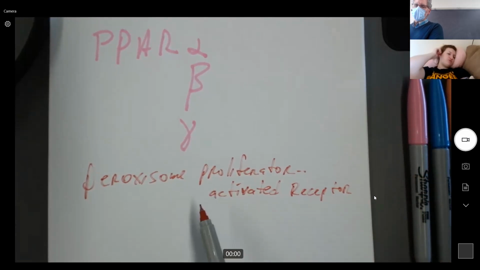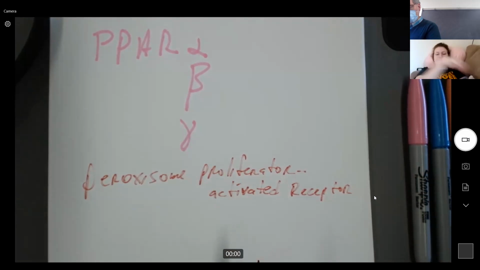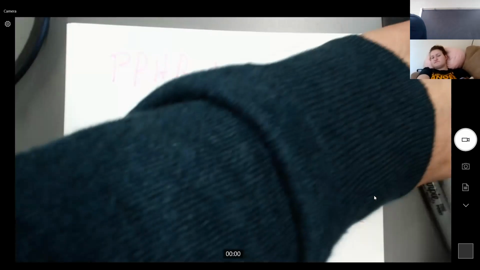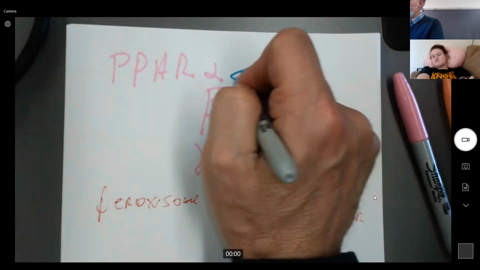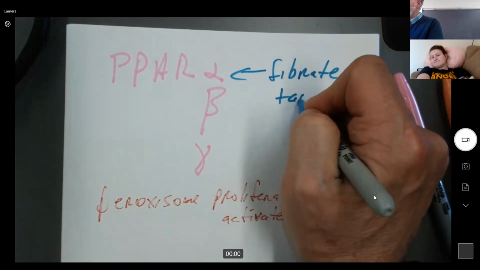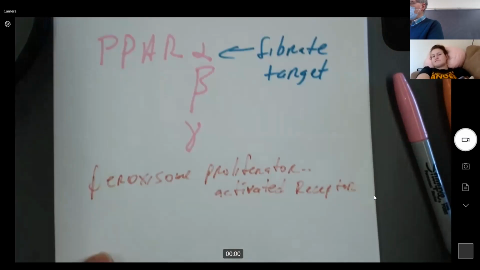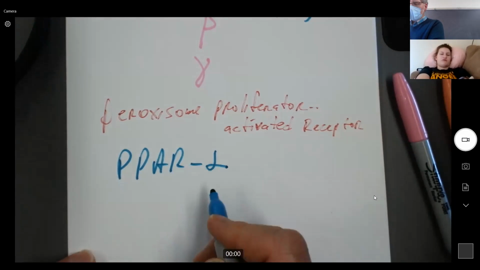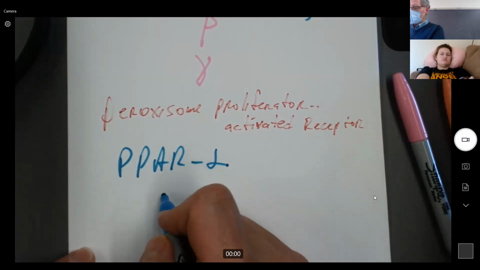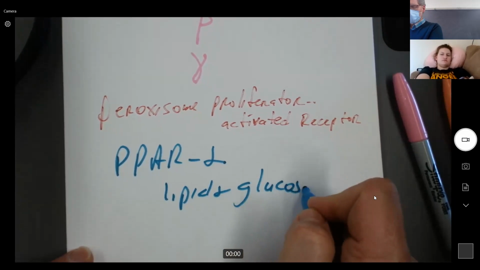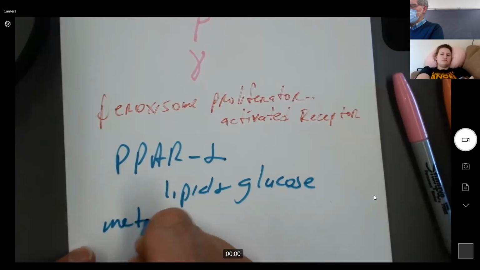So you can see why we abbreviate this PPAR. PPAR alpha is the target of your fibrates. And what does PPAR alpha do? PPAR alpha regulates lipid and glucose metabolism.